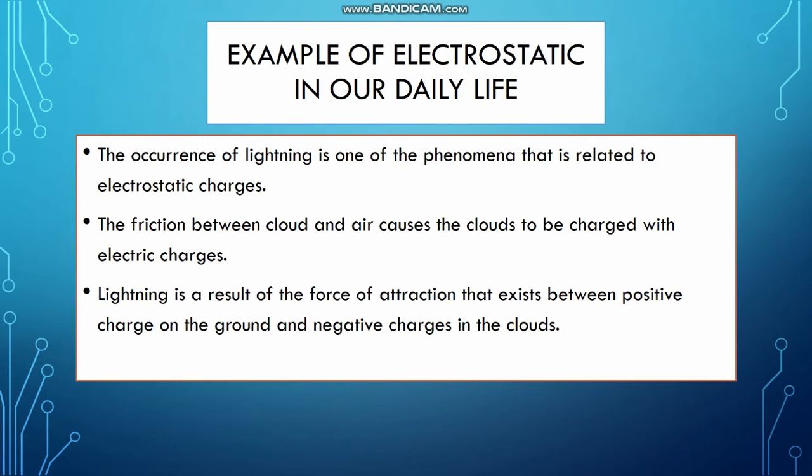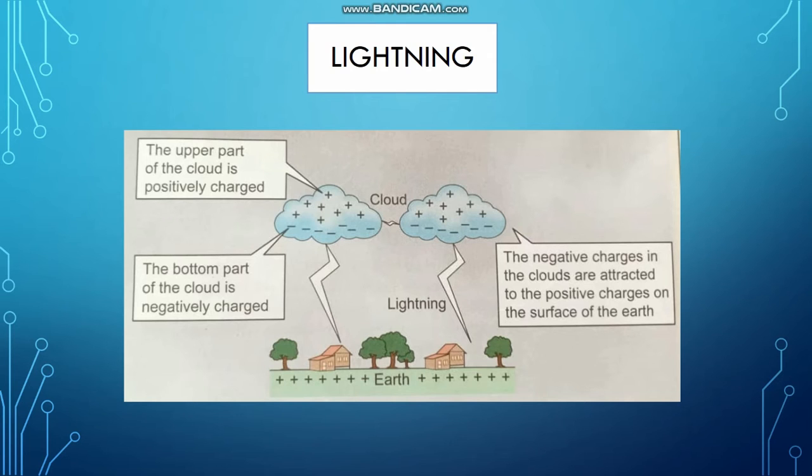So, next point. Lightning is a result of the attraction force between the positive charge on the ground and the negative charge in the cloud. To make it clearer, I will show you a picture. From this picture, when the clouds rub against each other, it makes the bottom part of the cloud become negatively charged, and the upper part of the cloud become positively charged.